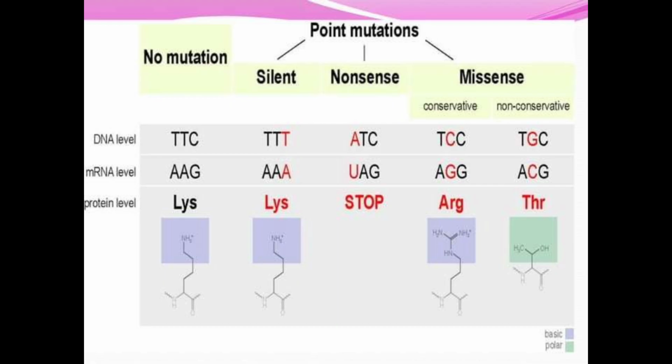Another one is nonsense mutation. When A is changed to U, UAG is a stop codon. And missense mutation means TTC becomes TCC at the DNA level, which reflects in the mRNA as the complementary AGG, and in the protein, instead of lysine, we come across arginine, which is a conservative change. In a non-conservative missense, some other amino acid comes in, for example TGC, ACG, threonine, a totally different amino acid that occupies the position.